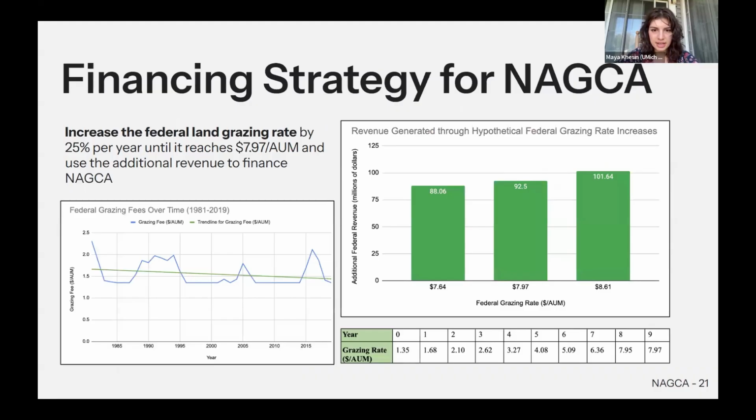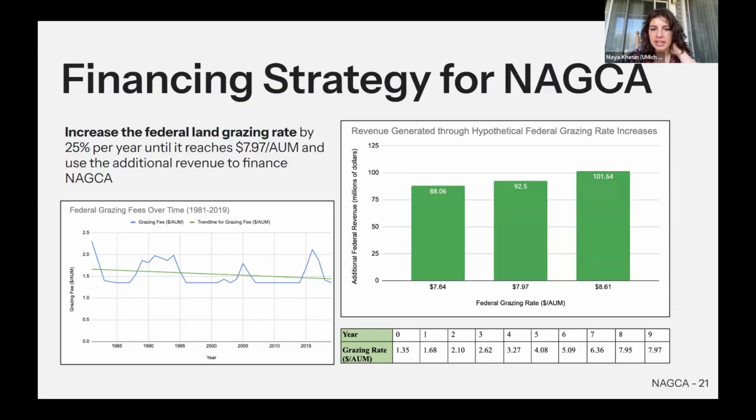So to begin, the financing strategy I developed is basically to just increase the federal grazing rate until it reaches $7.97 per animal unit month. So for context, I'm sure most people on this call know this, but an animal unit month is the amount of forage required to feed a cow and her unweaned calf for a month.